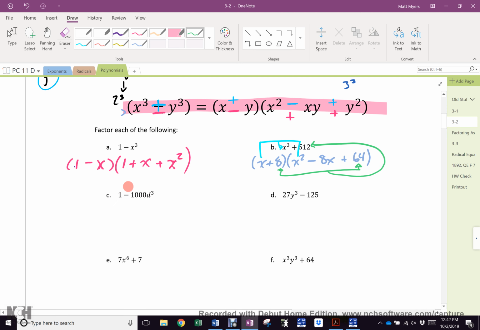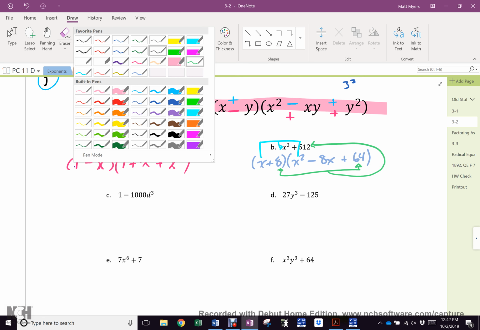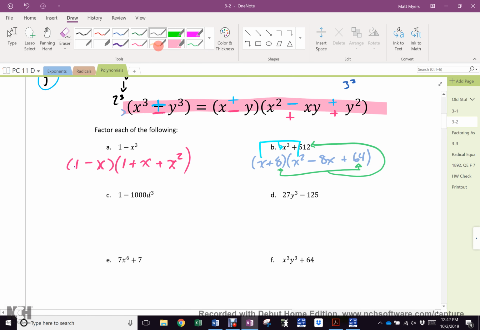So this one's tricky again, because I got a 1 in there and 1 messes with you guys. Blue or pink? Pink, because it's difference. What's my opening? 1, 10D, because I need a cube root there.